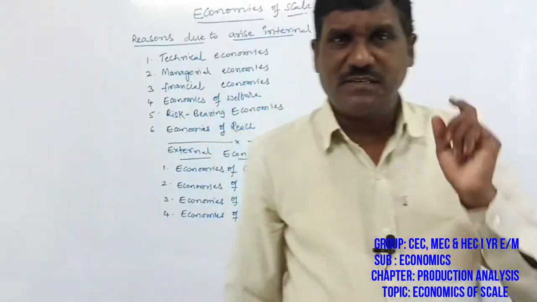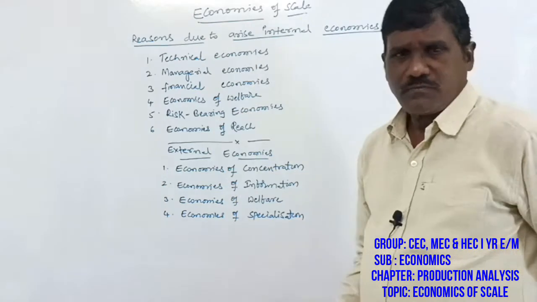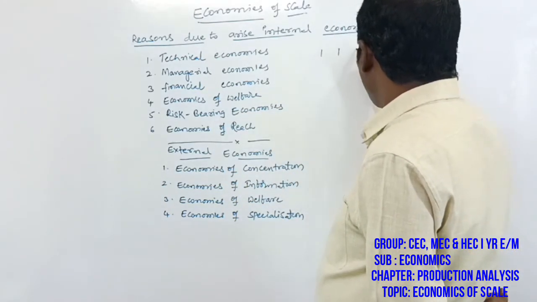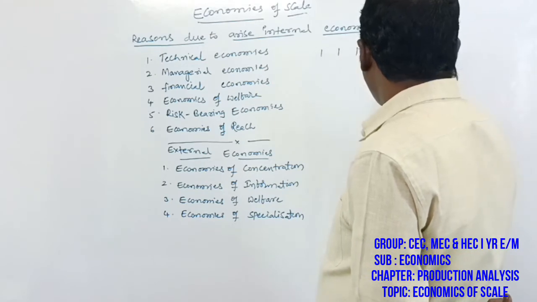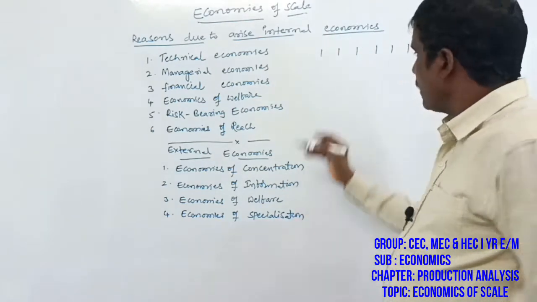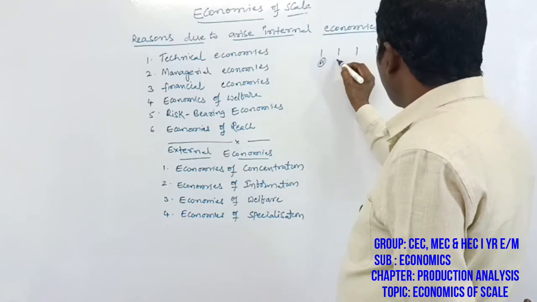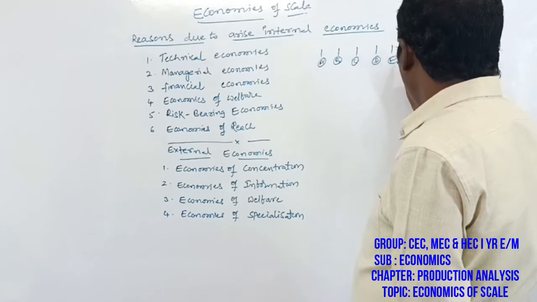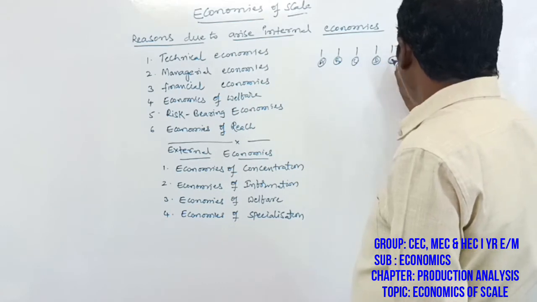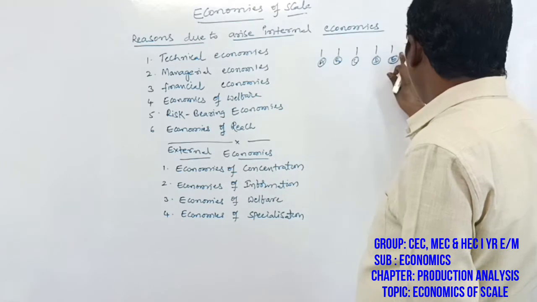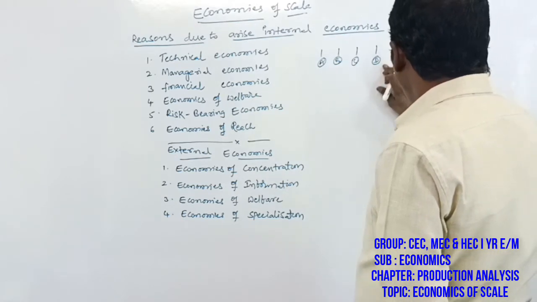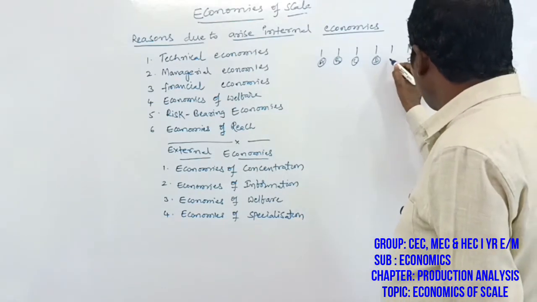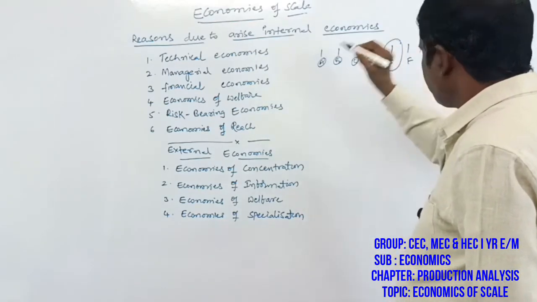Economies, not economics. What are technical economies? For example, here 1, 2, 3, 4, 5, 6, 7 firms are there. First firm or A firm, B firm, C firm, D firm, E firm, and F firm.